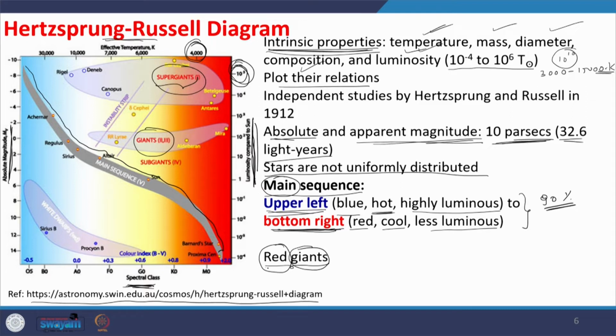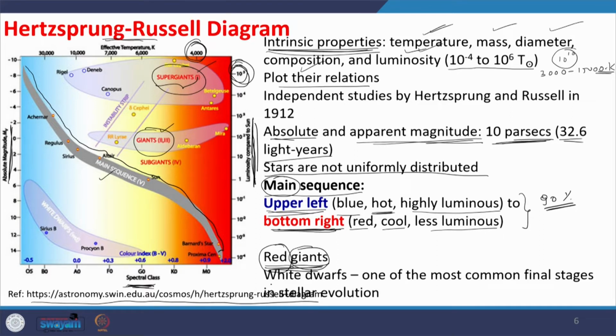How these red giants are formed, I will discuss in detail in coming lectures. For the time being, the purpose is to show you that stars are not distributed throughout the region of luminosity versus temperature, but are grouped into several clusters. One of the main clusters is the main sequence. Another is the giants and supergiants, which are red in color, so we call them red giants.